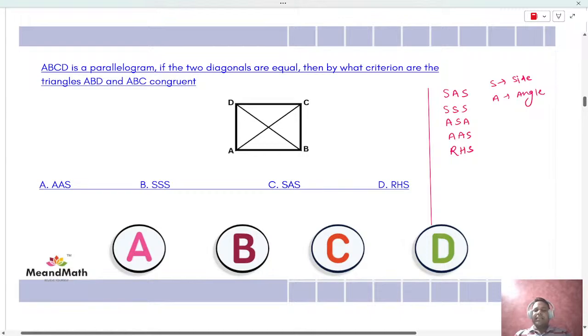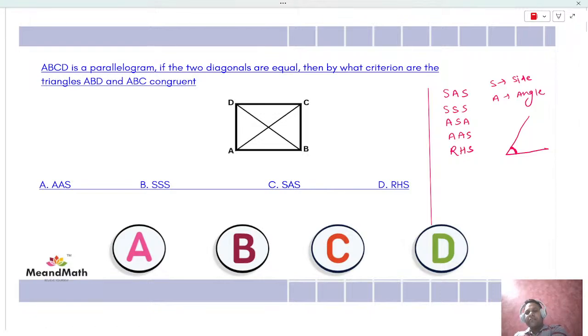So the first criteria is about two sides and the included angle. So the first side is equal to the first side of the second triangle, the second side is equal to the second side of the second triangle, and the included angle of the first triangle is equal to the included angle of the second triangle. This is the first criteria.